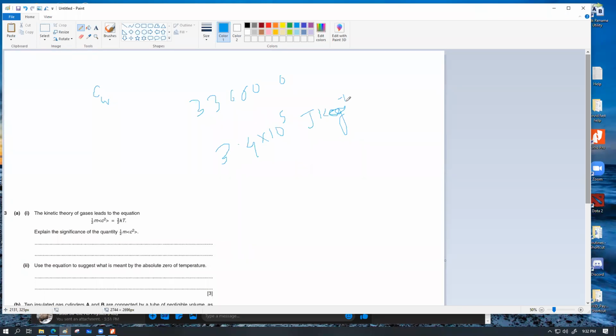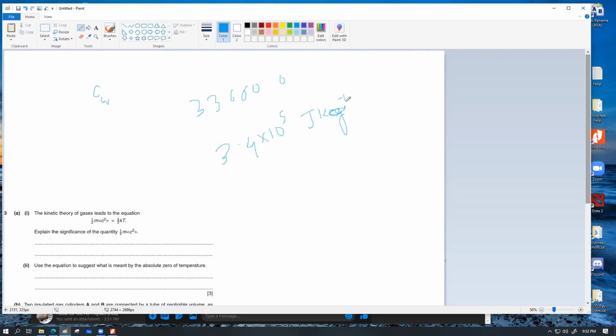Specific heat capacity of water CW equals 4.2 into 10 to the power 3 joule per kilogram per Kelvin. Specific heat capacity of ice CI equals 2.1 into 10 to the power 3 joule per kilogram per Kelvin.